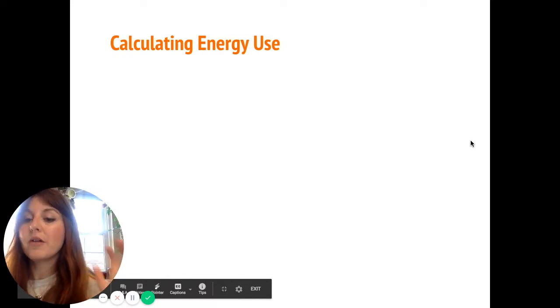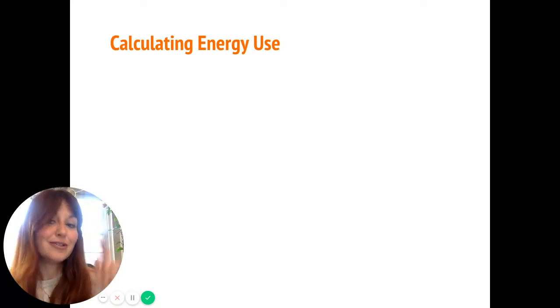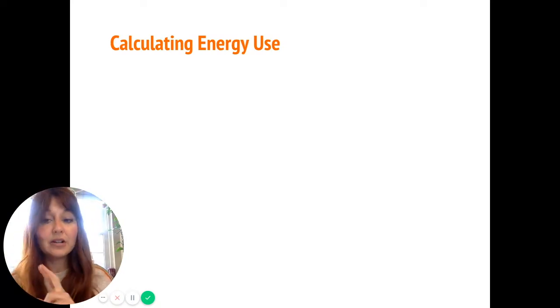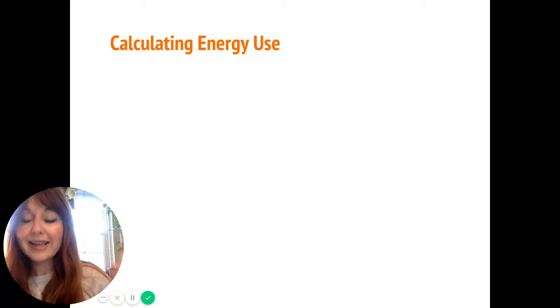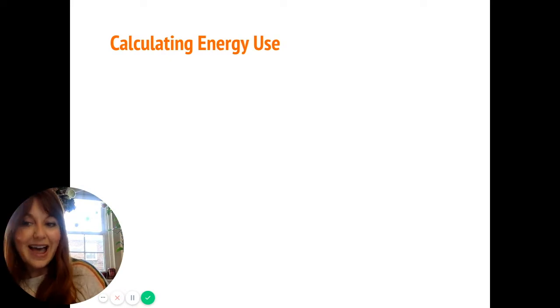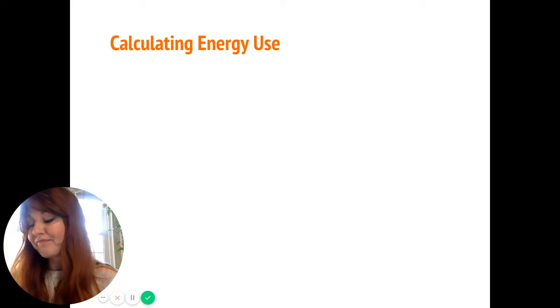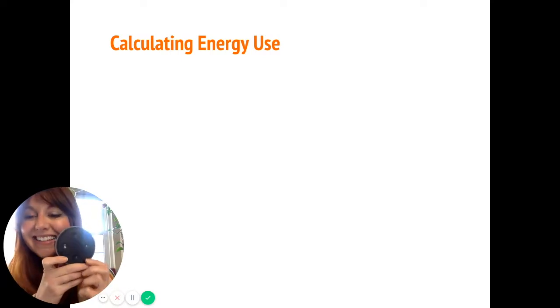All right, here's the important part. Ready? We are going to calculate energy use. Now, I have another video where I walk you through this step by step on paper, but I just want to point out that calculating energy use is as simple as taking your watts and multiplying it by how much you are using it. So I have my Alexa.